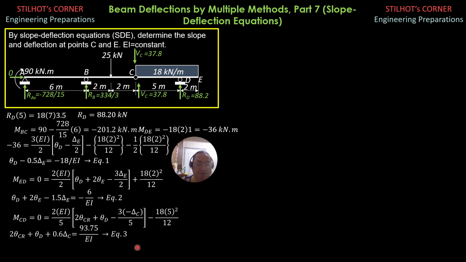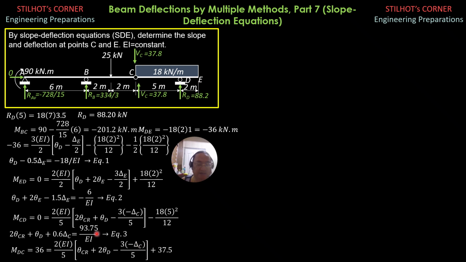Call that equation 3. And moment DC is positive 36, and it is equal to 2 times EI over L, 5, theta C right plus 2 times theta D, because this is MDC, so the near end is D, minus 3 times negative delta C over 5.